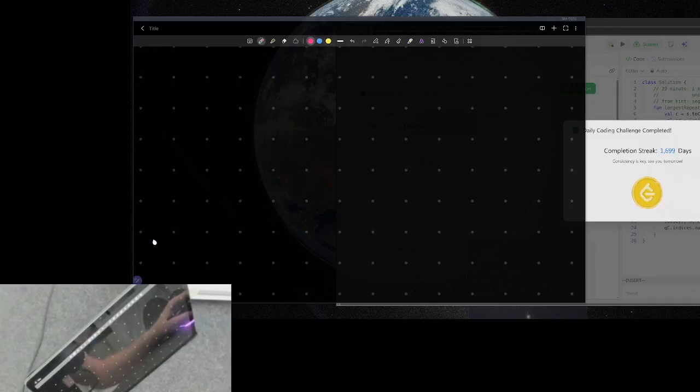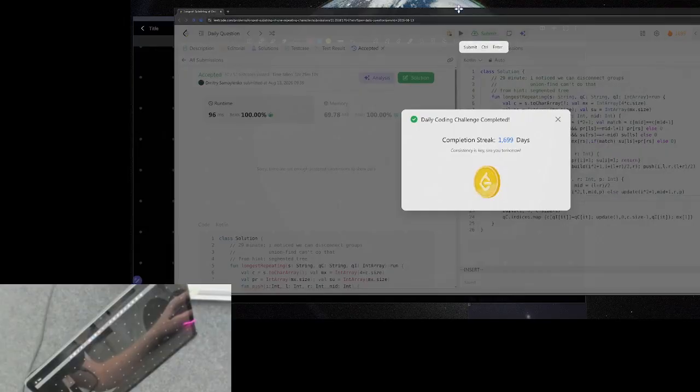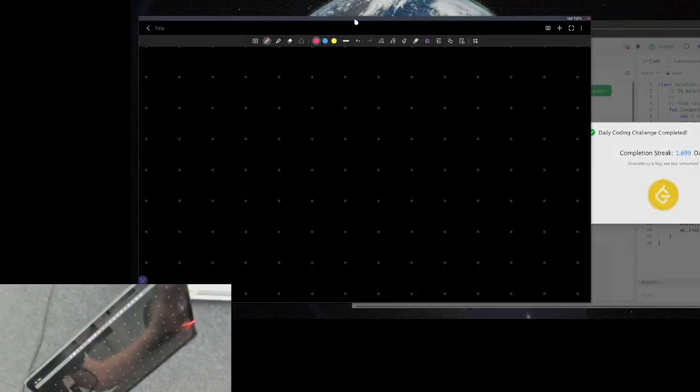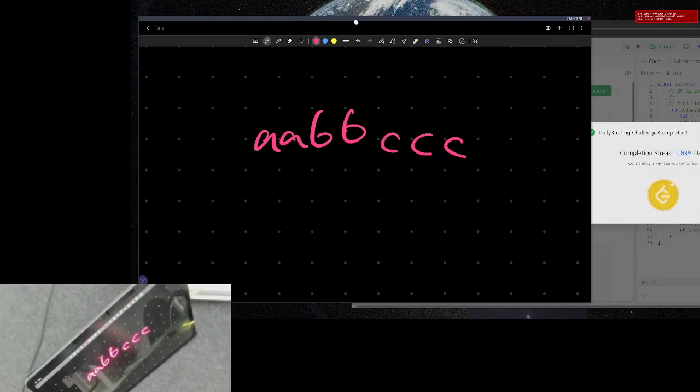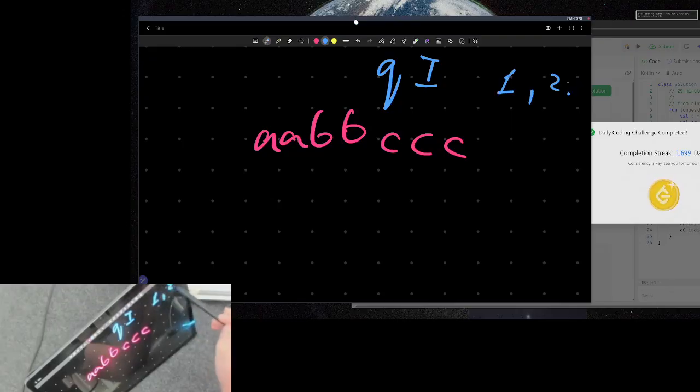Today we're looking at a hard problem. So we have a string like this, and we have queries. Queries change characters at positions, for example, 1, 2, and the characters to replace.